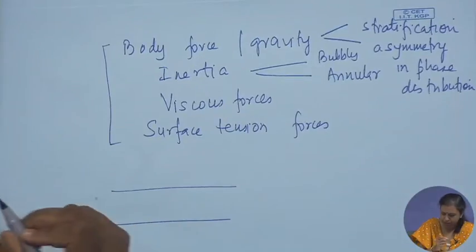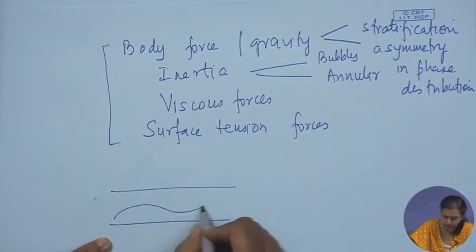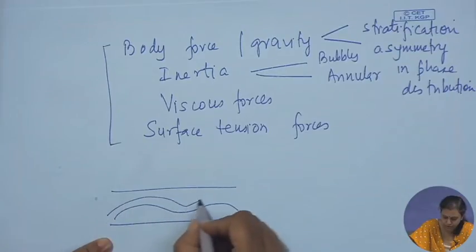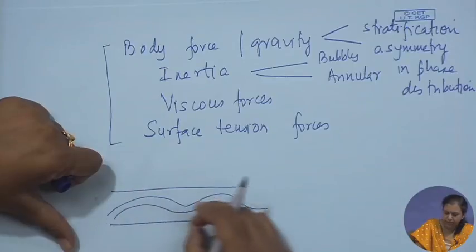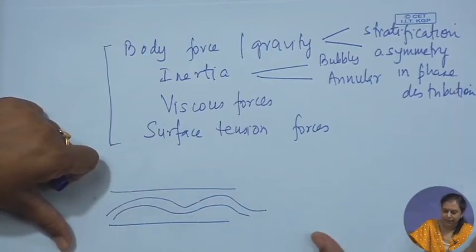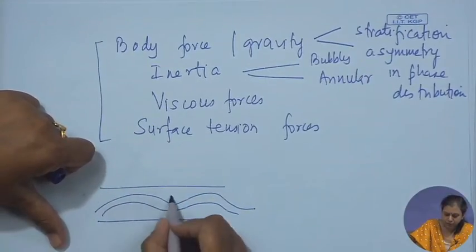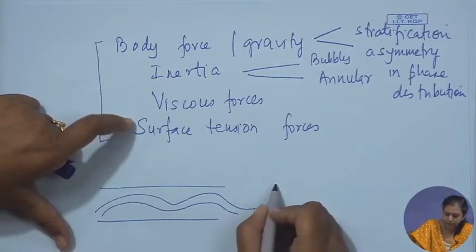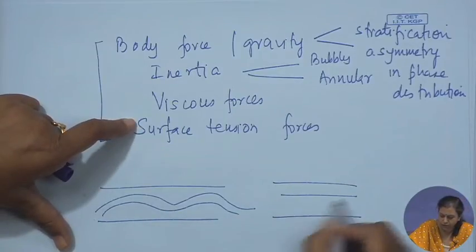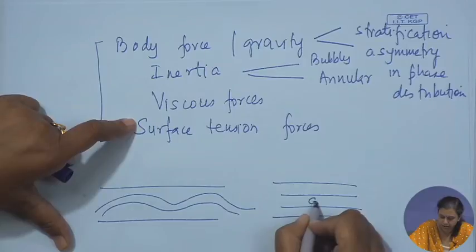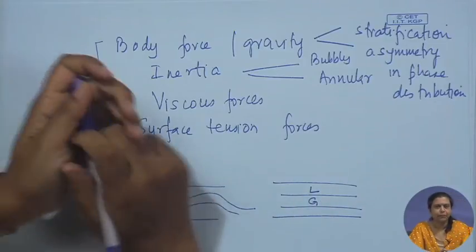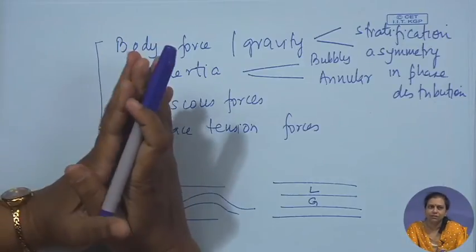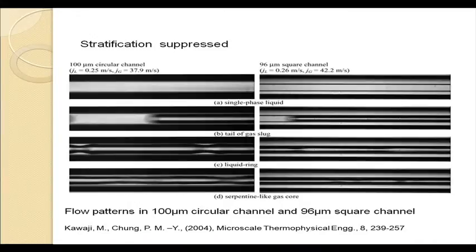Here in this particular case the gas core becomes thinner and flows in a serpentine like fashion due to the interfacial waviness. But the normal annular flow which we have in macro channels, with a gas core and a liquid film, does not happen except when the gas velocity is very high and the liquid velocity is very low.